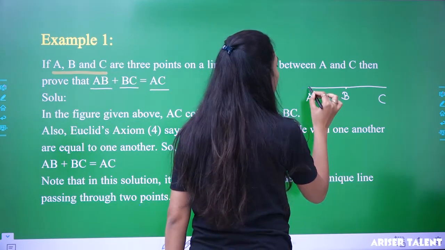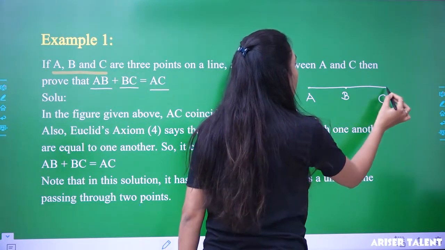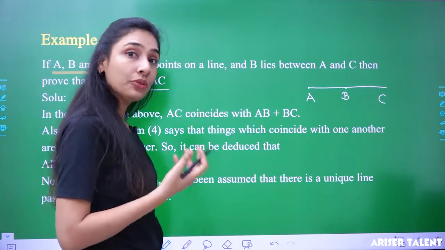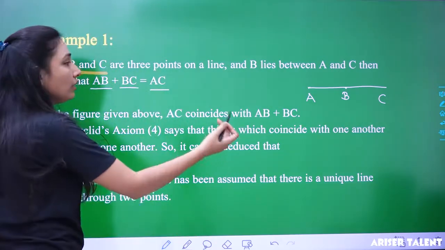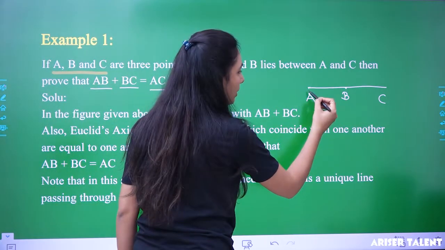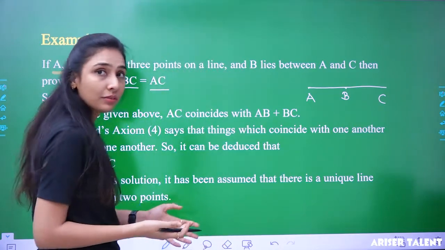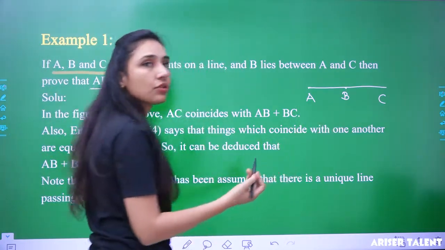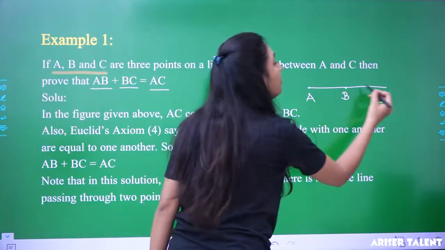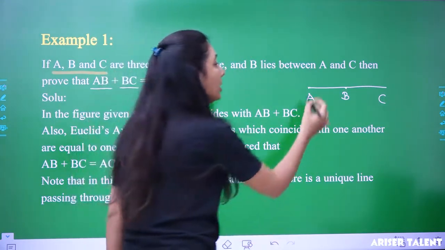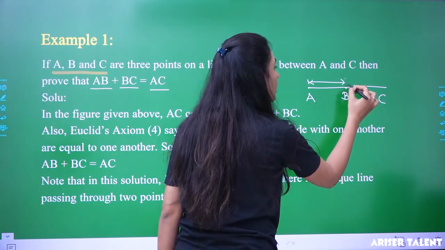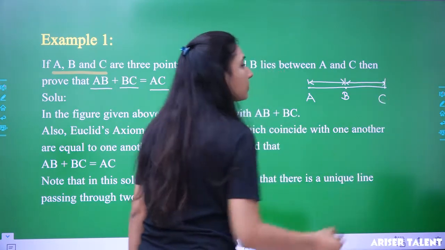What we have to prove is that AB plus BC is equal to AC. So if we draw the figure here, this point A and C, and we have B here. By observation only you can say that this complete part is equal to this part plus this part.